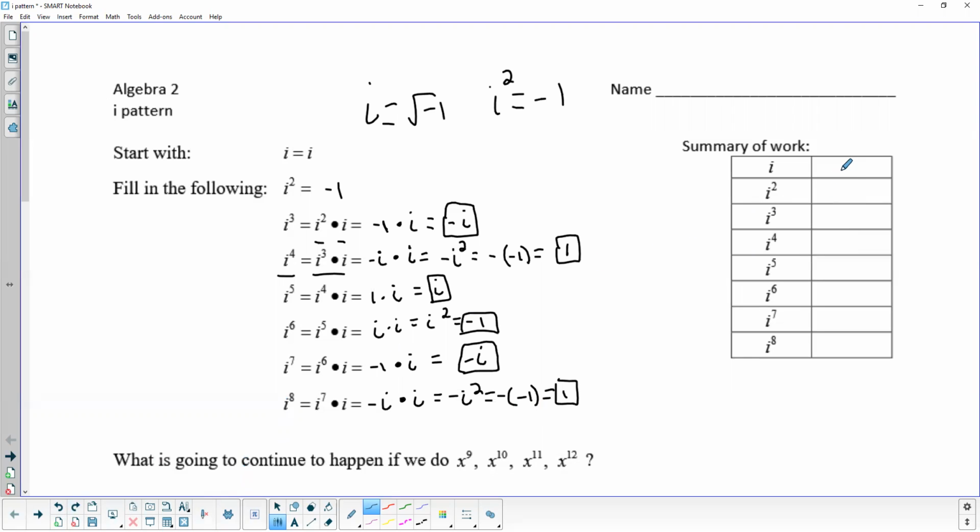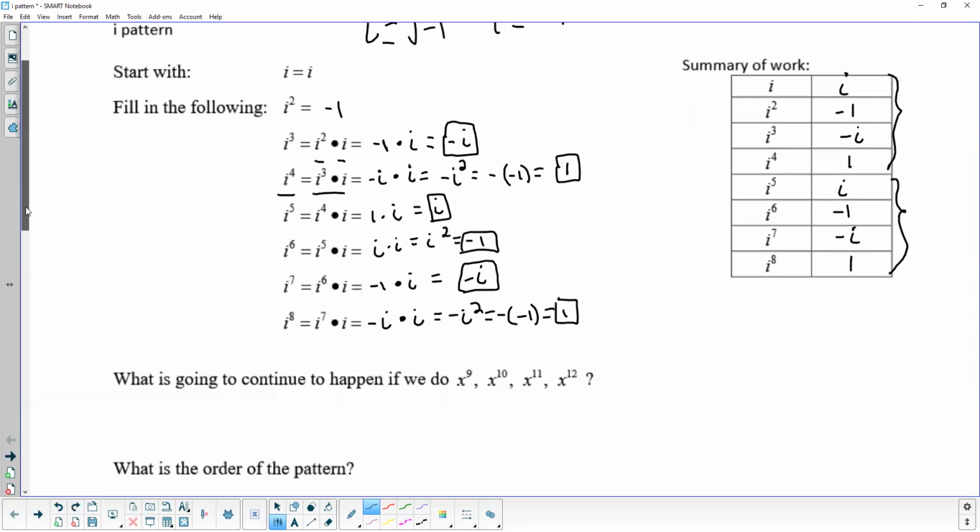Off to the right, we're going to summarize what we just found. You might notice that there's this repetition.